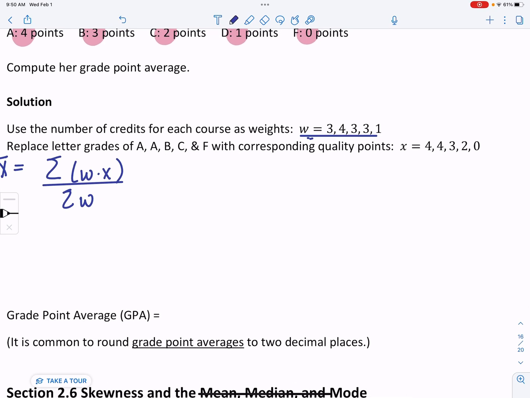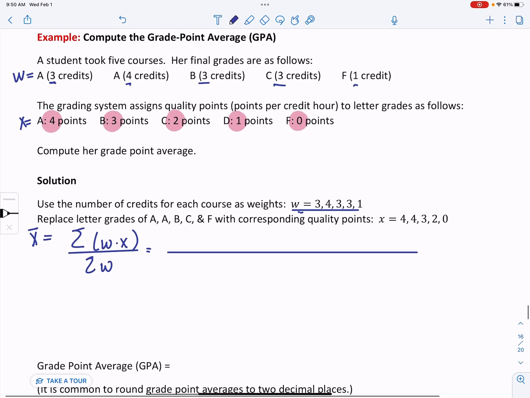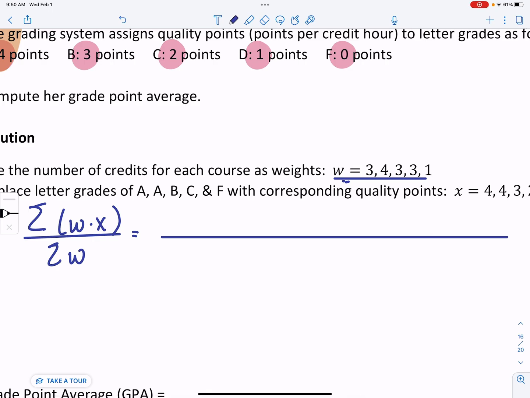So here's what that looks like. I'm going to start with a big old fraction bar. When I do my first W times my first X, that's going to be those two. So I want 3 times 4.